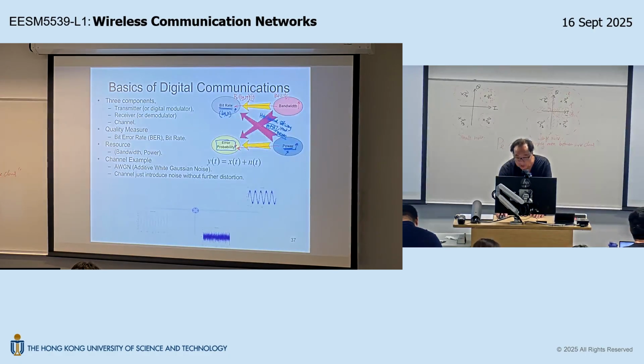So this explains this trade-off mechanism. If I can increase my transmission power, that means geometrically I can put the noise clouds further apart, and then I will reduce the overlapping area, and therefore reduce the error probability. Is that okay? So that is another obvious trade-off. Now we can understand the error by this geometric visualization of the error.